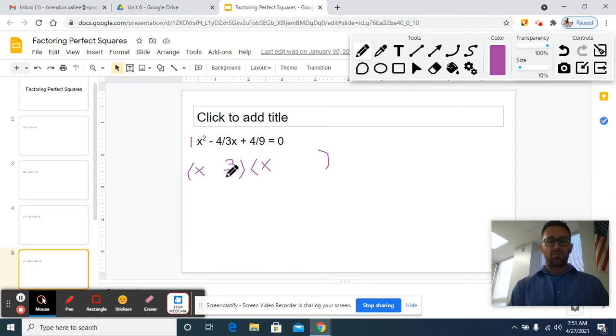Square root of 9 is 3. So that's 2x minus 3. And this is a minus sign, so both of these are going to be minus. And that equals 0 just means that you're going to set these equal to 0 and solve for x at the end. Okay, that's what we're going to get into in the next unit where we graph quadratics.